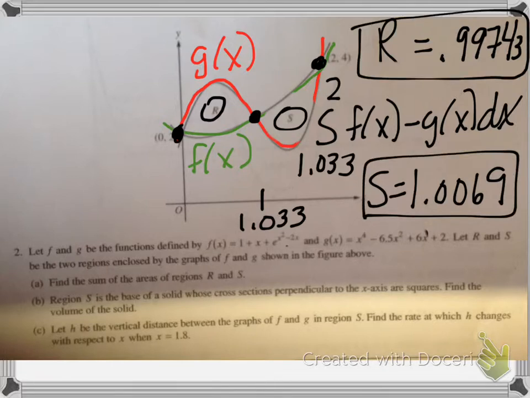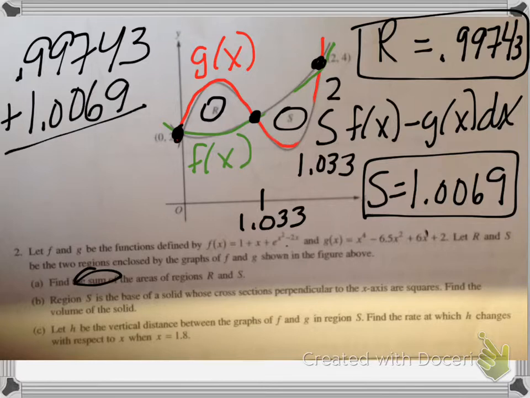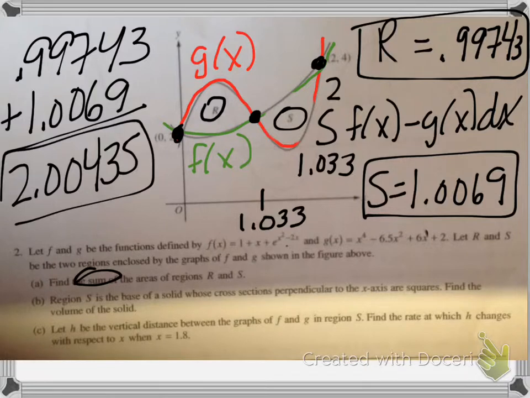The question is asking for the sum, so we're going to add them together. And when you add them together, you're going to get 2.00435. We always need to round to at least 3 places. So you could round to 2.004, but I would just leave it like this.